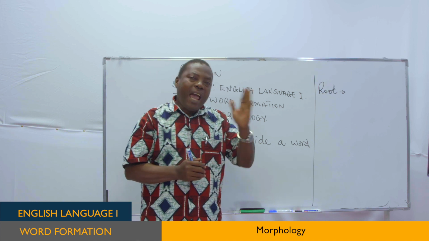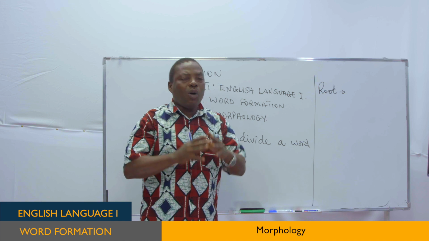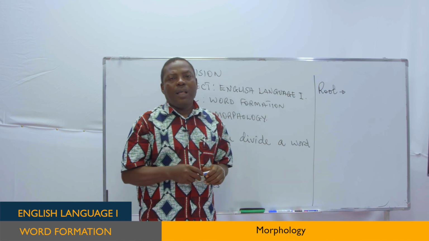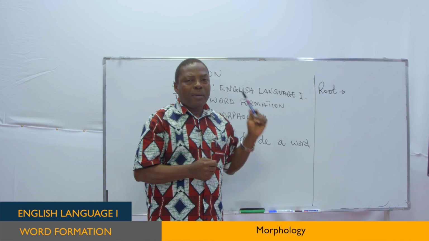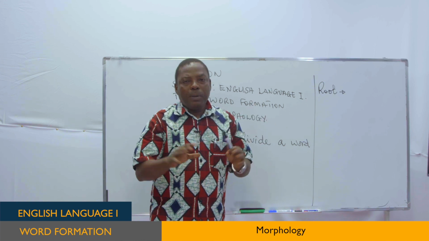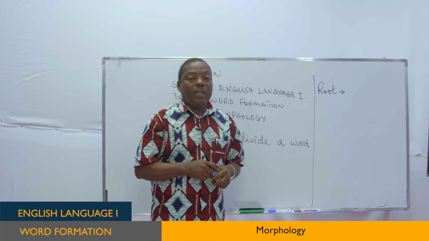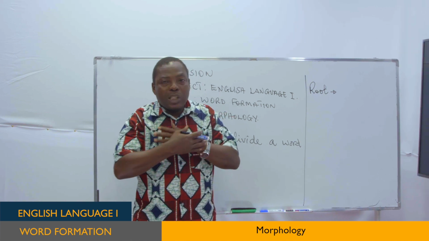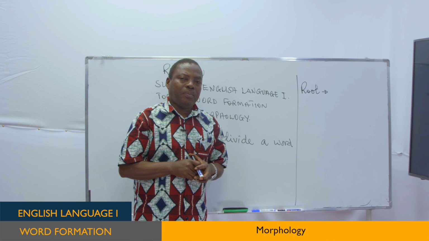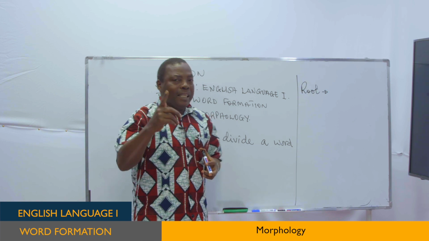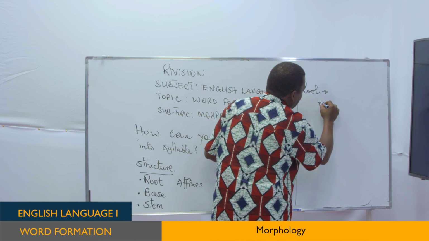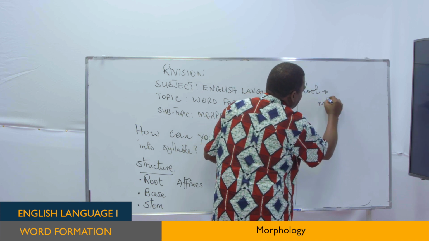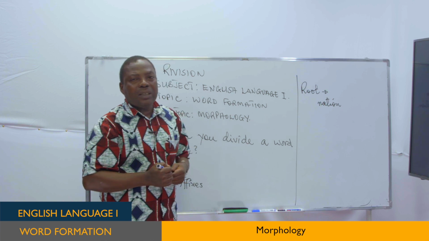If you omit either a syllable or a letter from a root, the meaning which was supposed to be presented by the root will be distorted, and you might have something which does not exist in a language. Let us have an example. You have this word nation.